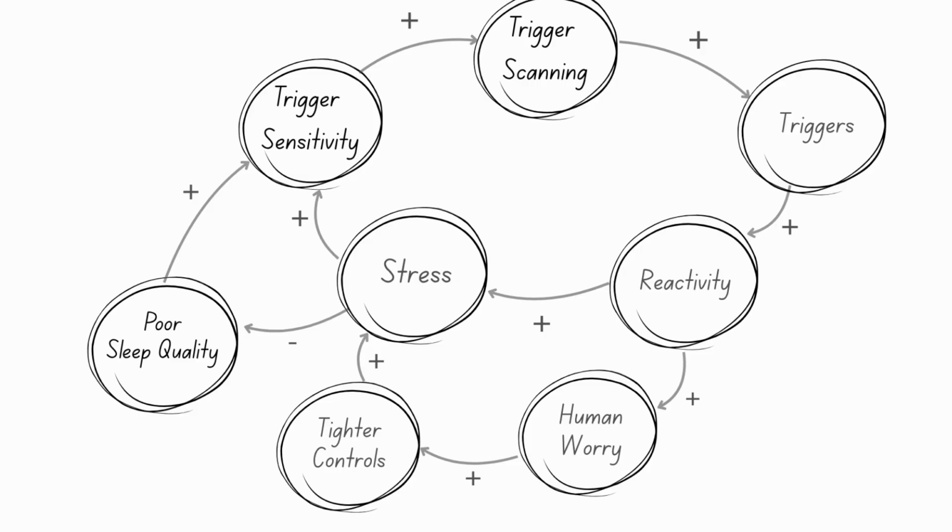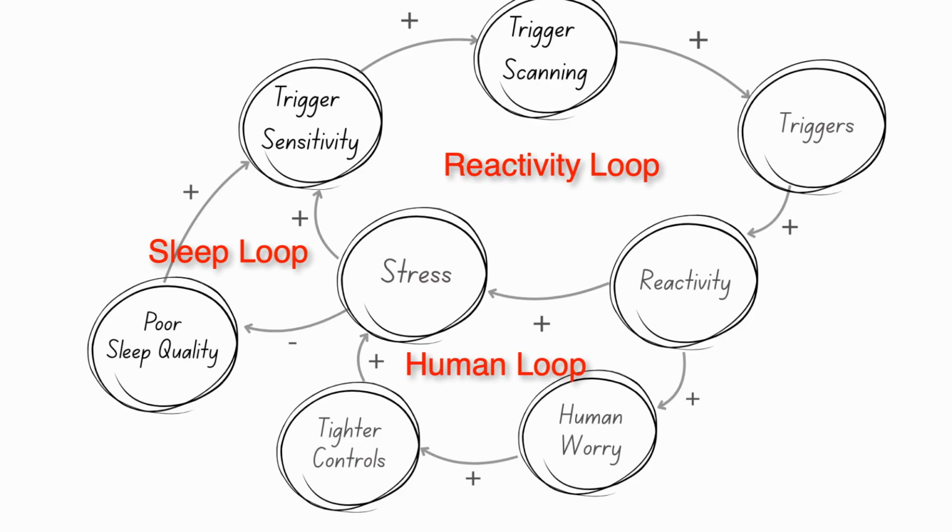Now step back and look at your full diagram. You should see 3 interconnected loops: the reactivity loop, triggers, barking, stress, sensitivity, scanning; the sleep loop, stress and poor sleep feeding each other; and the human loop, reactivity, worry, control, back to stress.